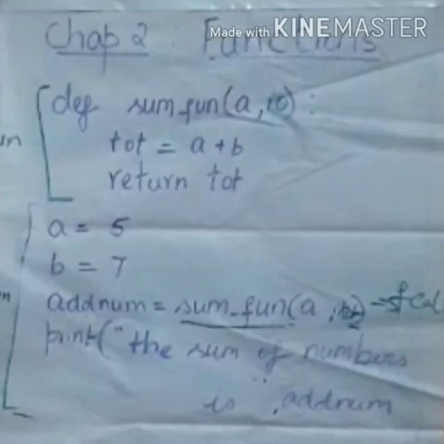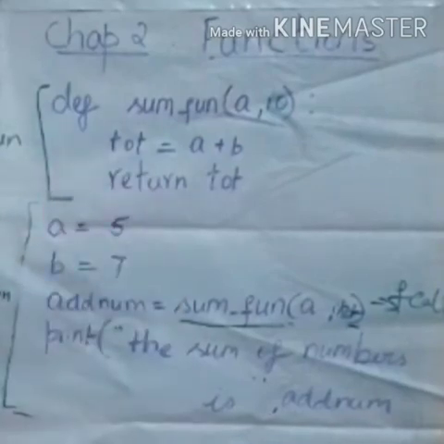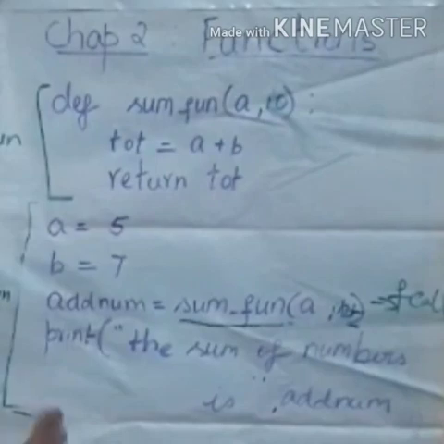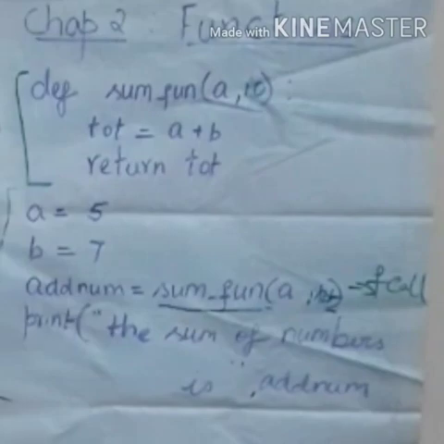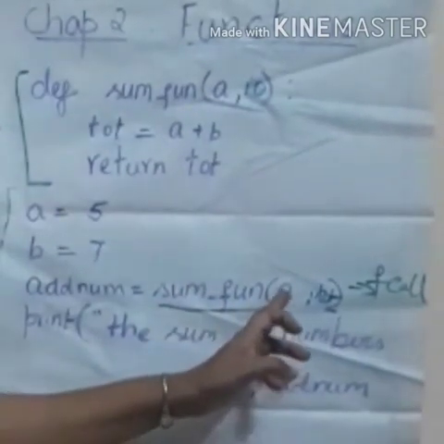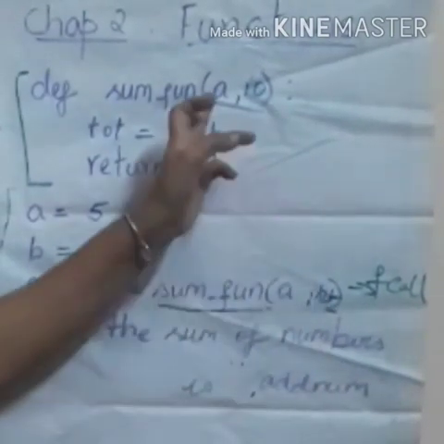The third type of argument is the keyword argument. This we won't be using much, and the fourth one is the variable length argument. What is a variable length argument? Suppose now two arguments are there, here also two.